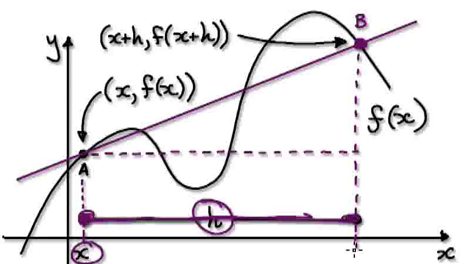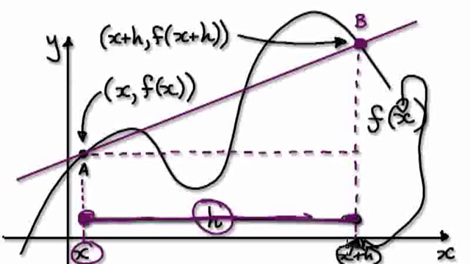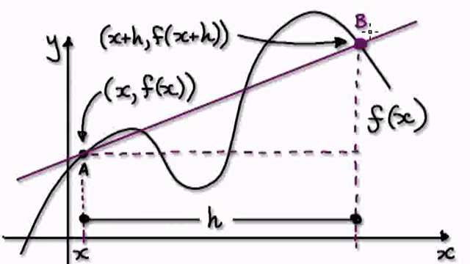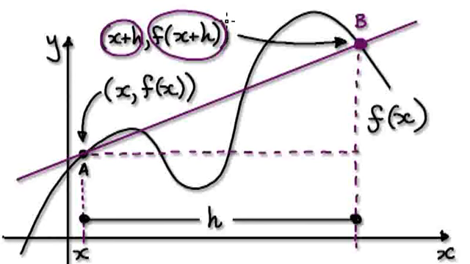So if this here is x, then this point will be x plus h. If you put x plus h into the function, it will give you the height. So the coordinates at B will be this, and the y coordinate will be this.